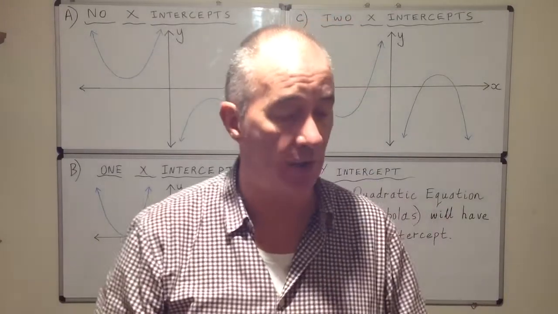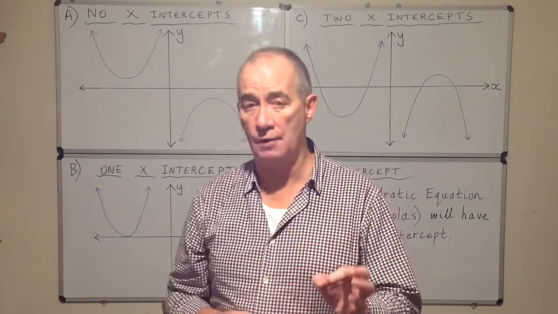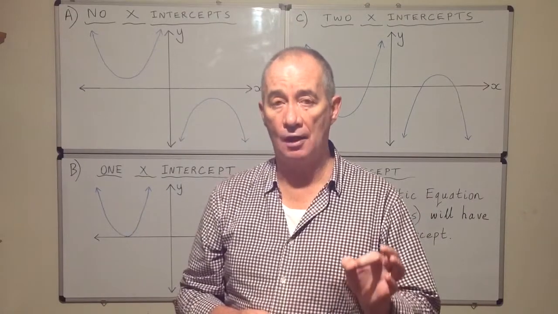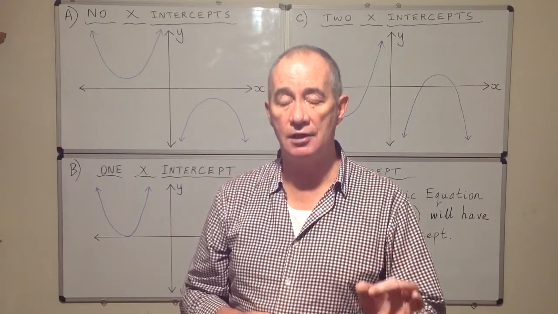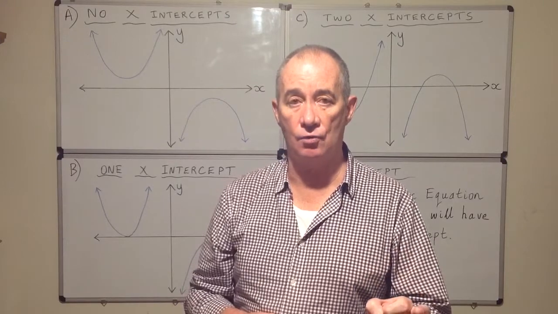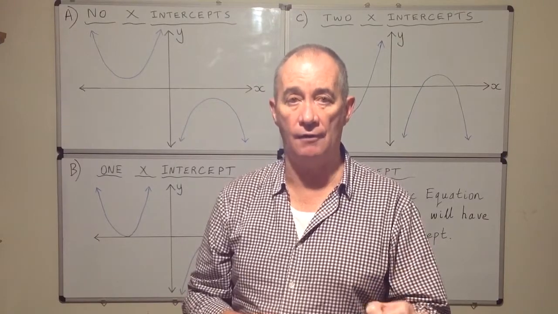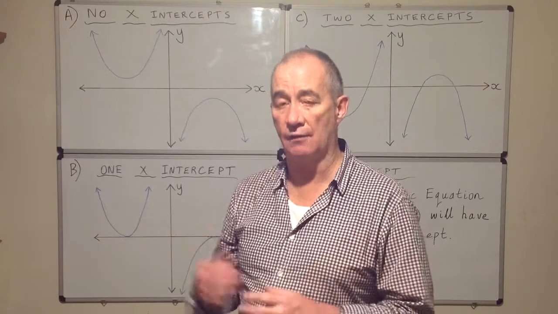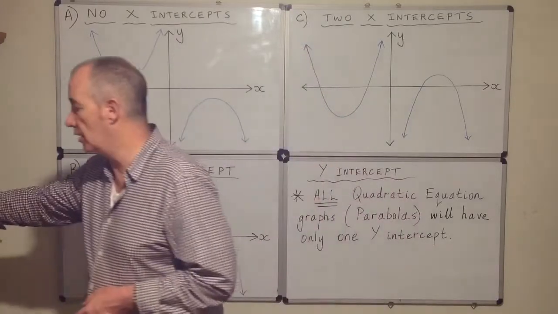So there are three possibilities for the number of x-intercepts that the graph of a quadratic equation, that is a parabola graph, can have. Let's have a look at what I have on the board.